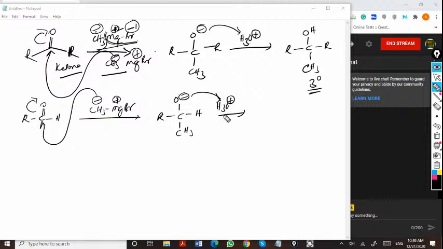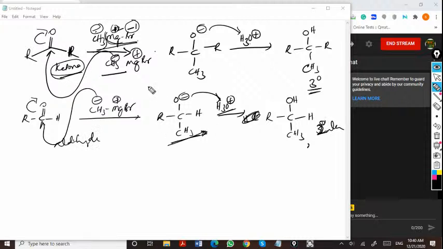If I didn't write this water, you should not undergo the proton addition; it will stay there only. If I give any electrophile, it will attack the O minus, so be careful with that. So it is R, OH, H, CH3. What kind of alcohol? It is a secondary alcohol. When you treat an aldehyde with Grignard, it gives a secondary alcohol. When you treat a ketone with Grignard, it gives a tertiary alcohol.